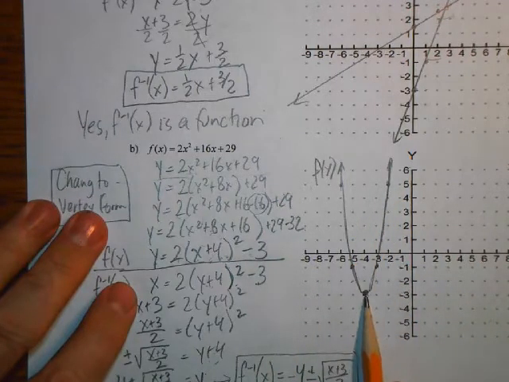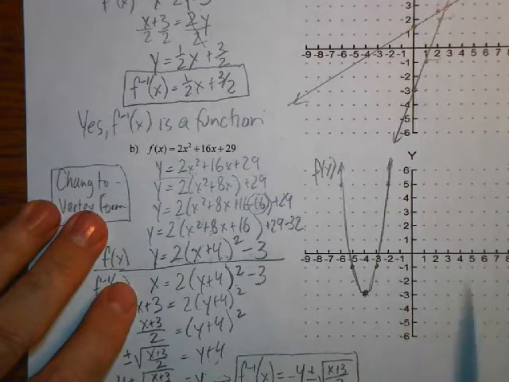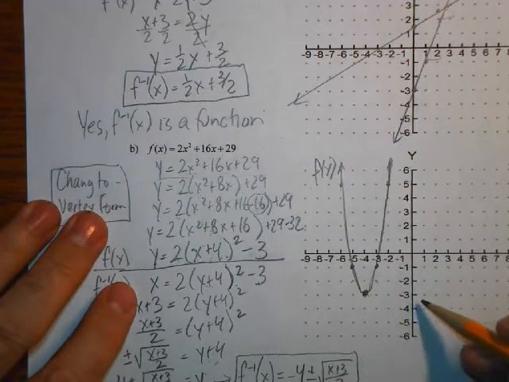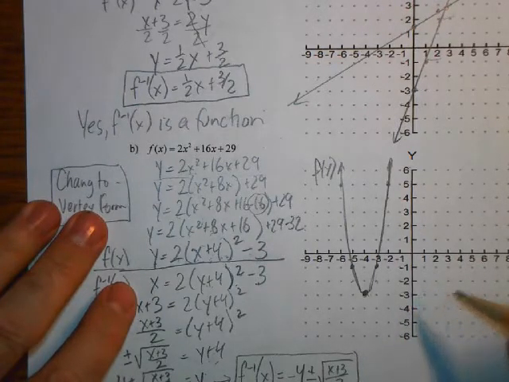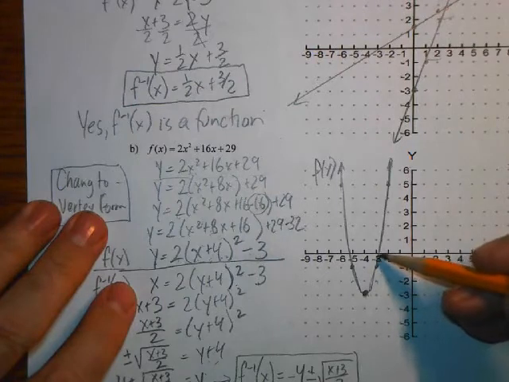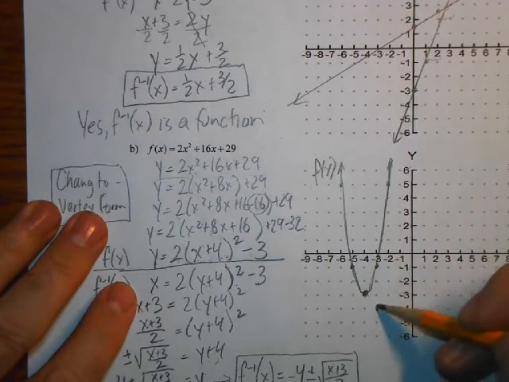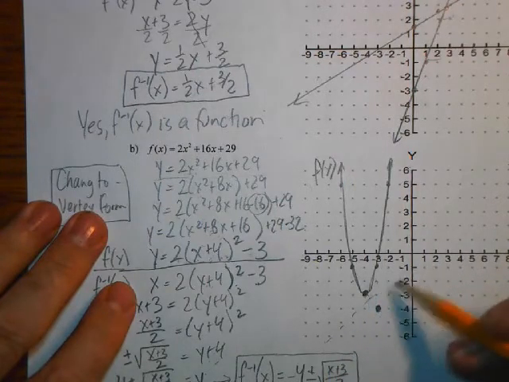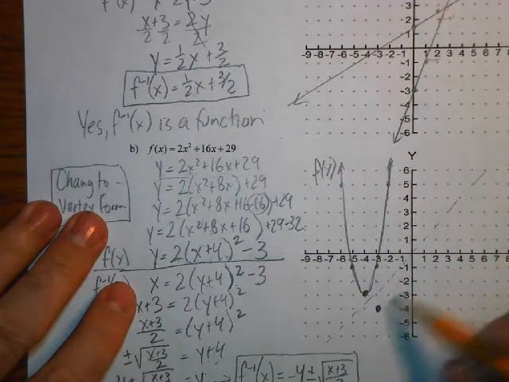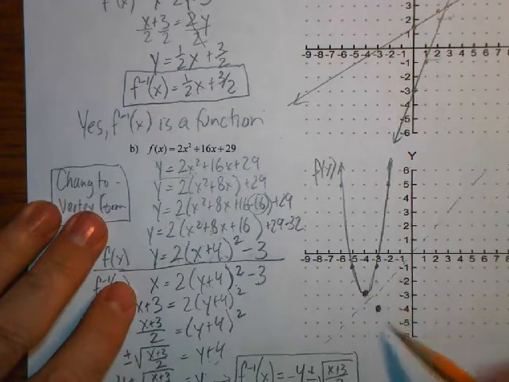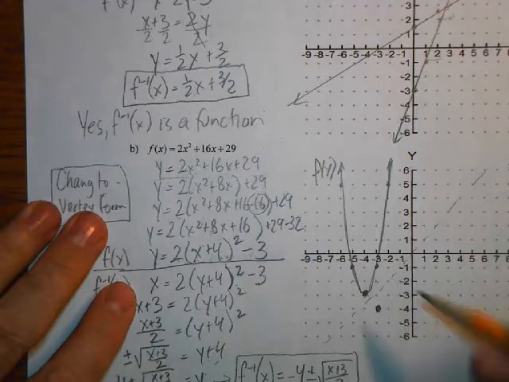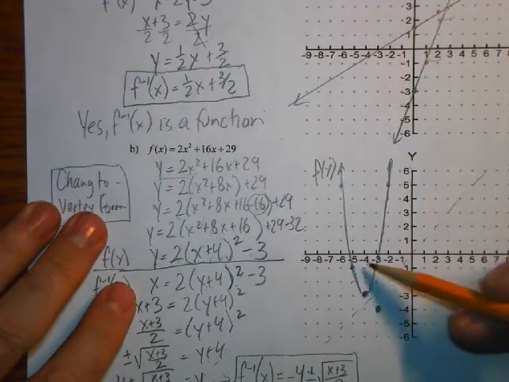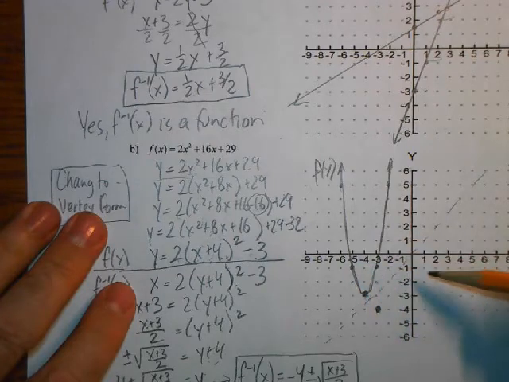So this point here, -4, -3, on the inverse, that point would be -3, -4. So that would be down right here. And if I did have my graph of y equals x, you can see that those 2 points are equidistant across that line y equals x. I'll also do this point. That point is -5, -1.